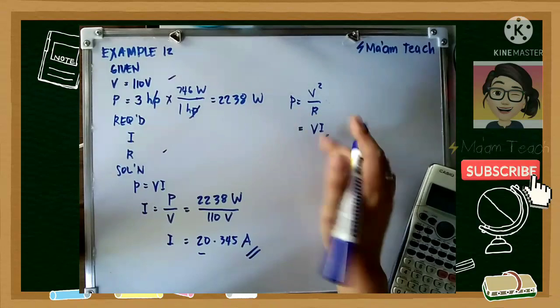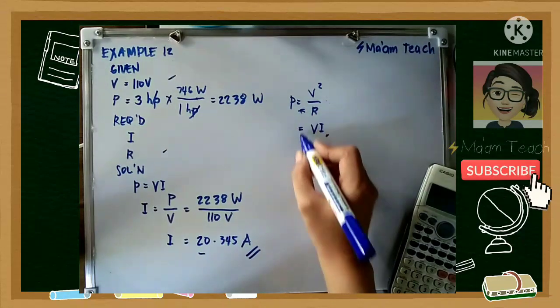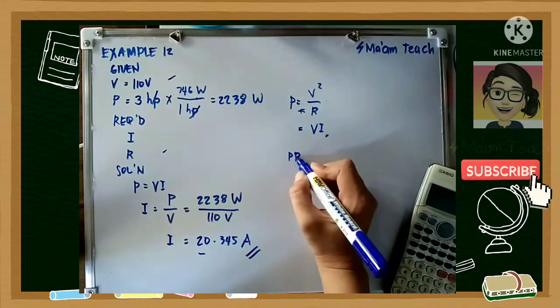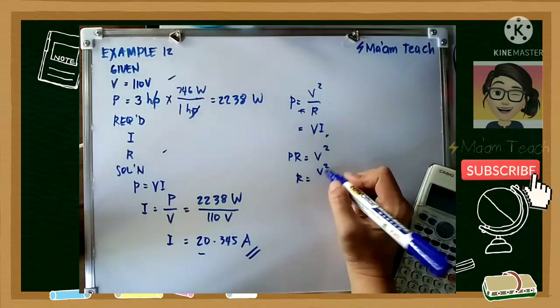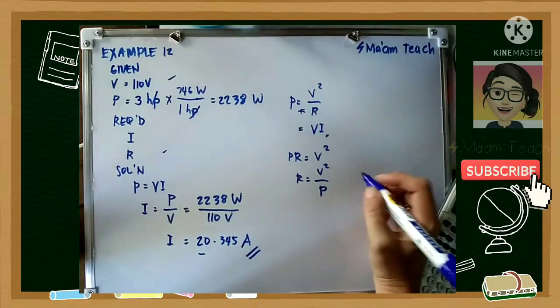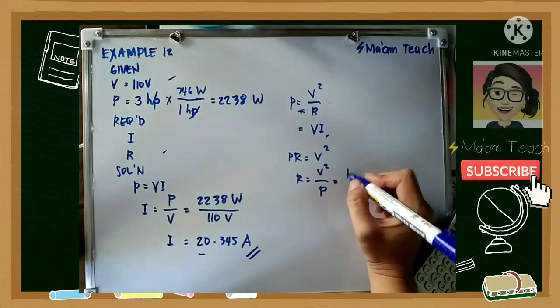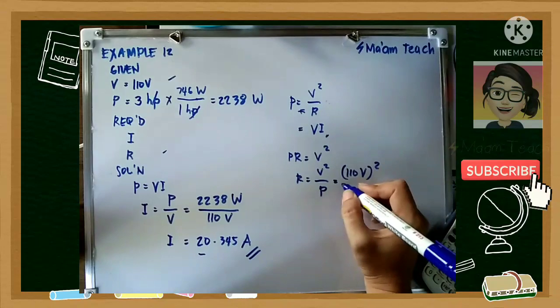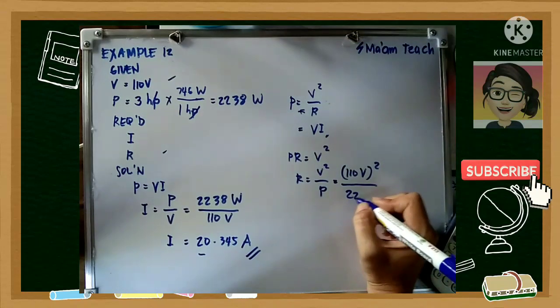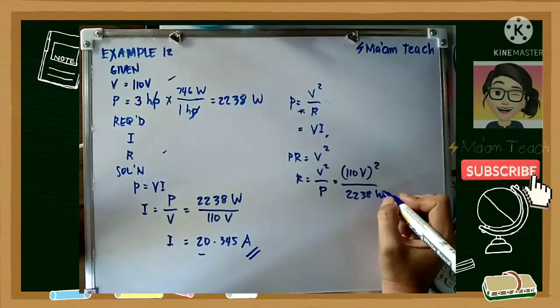Now to solve for the resistance, we will cross multiply this, so we'll have P times R equals V squared. So R is simply V squared all over P. So substituting, we have 110 volts squared all over your power, which is 2238 watts.